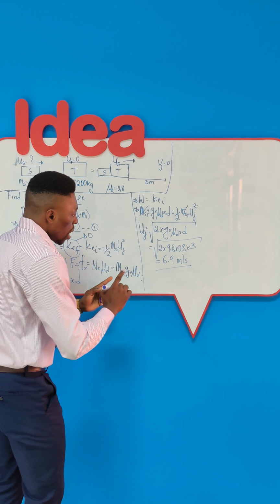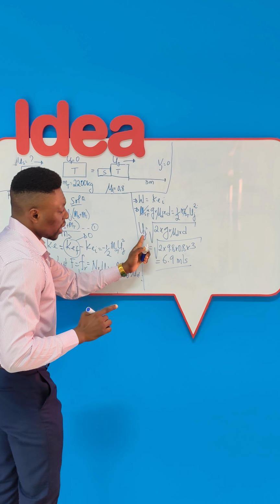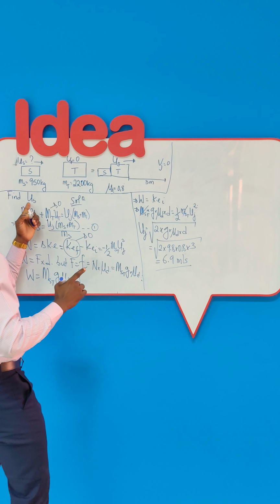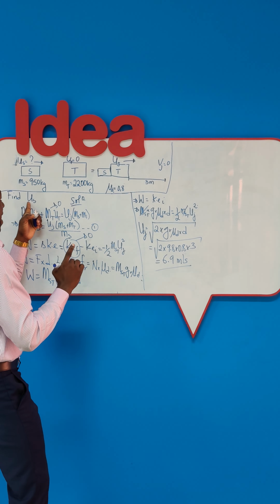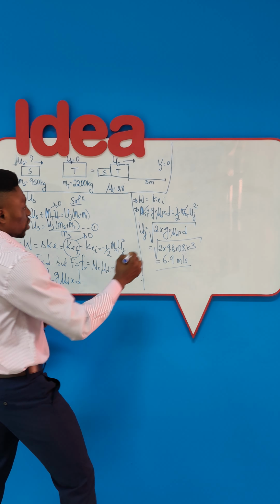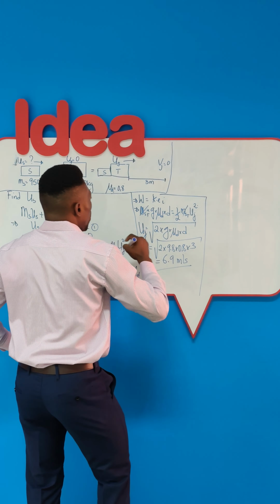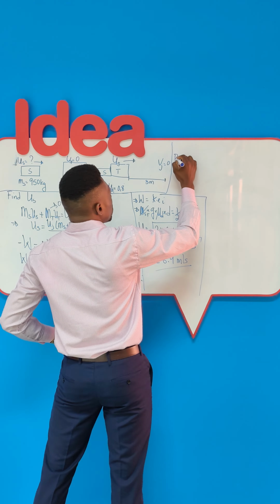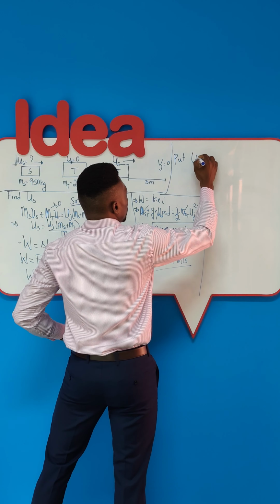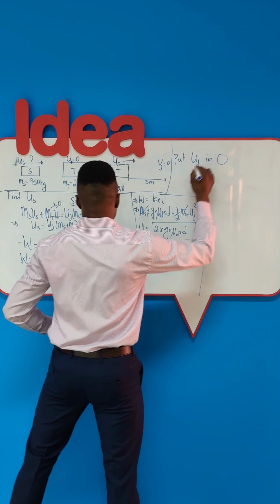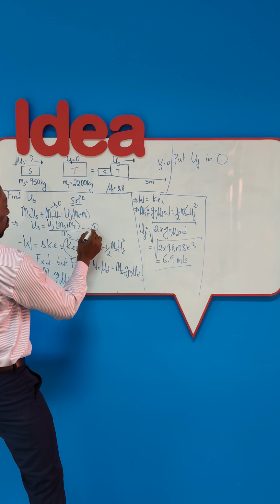Now we are not done. This was not the objective, this was not the question. The question was to find Us, which is the initial velocity of the sports car. So how do we get Us from here? We just put the value, so we will say put Uj in equation 1. Where is equation 1? This is equation 1 right here.